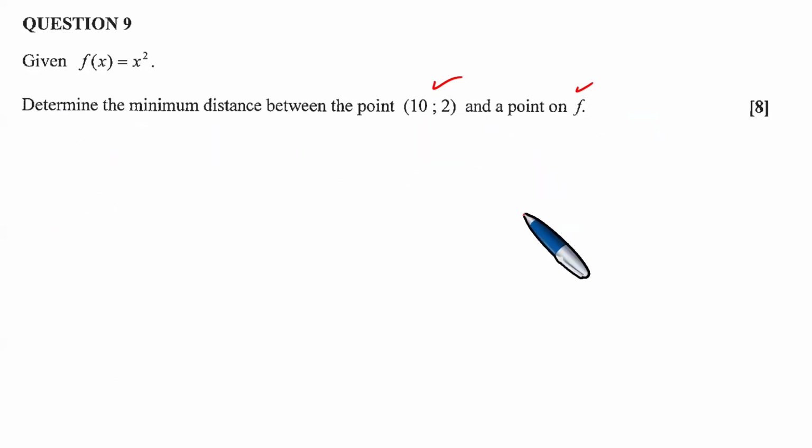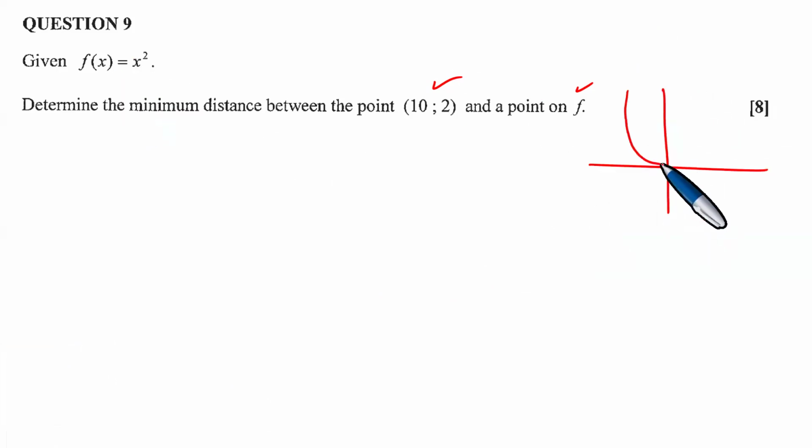So now, let us find this. There is a function here. Let us look at this here. This one is a grade 10 graph, which has the equation f of x equals x squared.